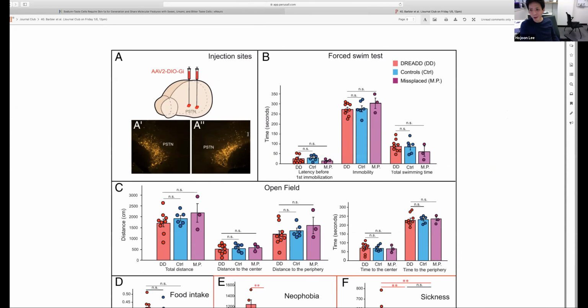They're probably very heterogeneous, but if PSTN is just doing one thing, then the effect of removing or silencing the entire PSTN should be much stronger than silencing just the TAC1 neurons. Which I'm puzzled why they wouldn't do.